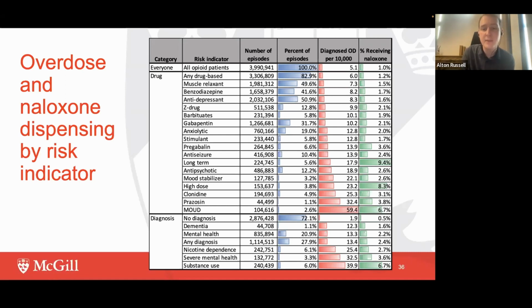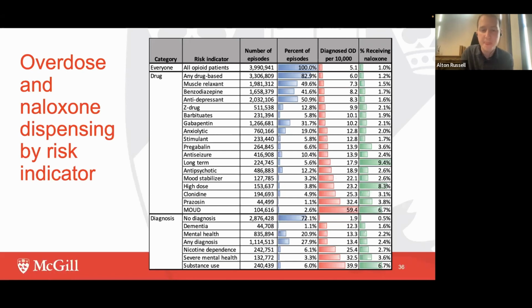But interestingly, high dose opioids and long-term opioids, meaning an opioid episode lasting at least 90 days, had the highest percent receiving naloxone, and certainly a much higher risk of overdose compared to the overall cohort, but not as high as medications for opioid use disorder or prazosin, a drug that has multiple uses, one of which is PTSD.